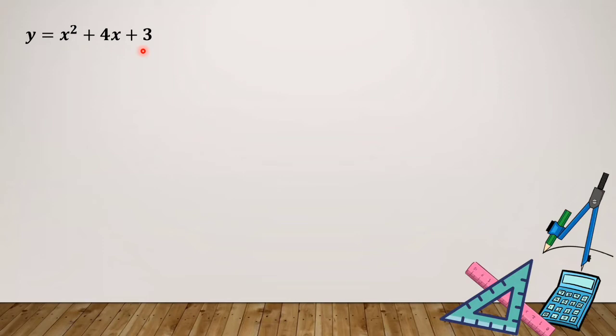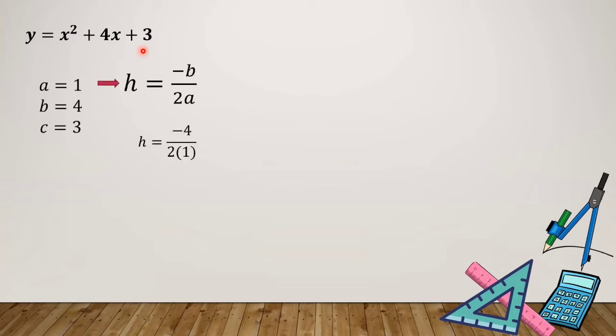So what is the formula in getting the x coordinate of the vertex, or the h value? So we use the formula h is equal to negative b over 2a.